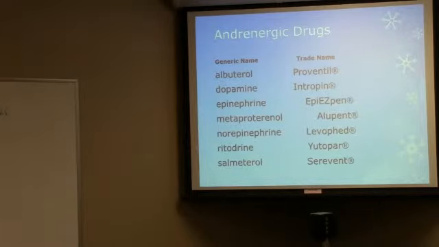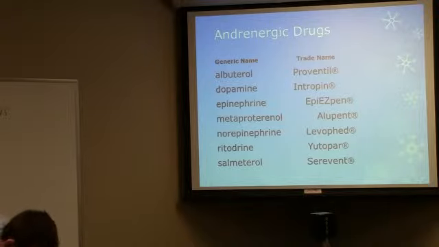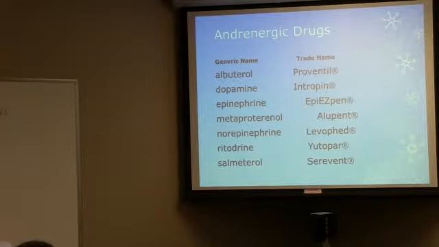So let's take a look at these drugs. There's also in your book, on page 95, adrenergic drugs. For example, let's take a look at albuterol. That's probably the most common one here. Albuterol is a bronchial dilator.